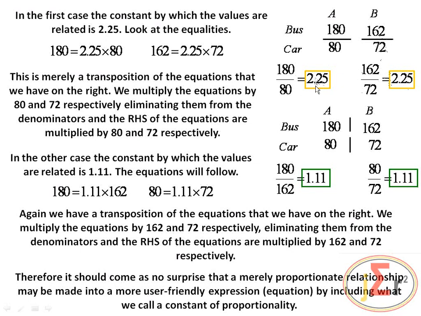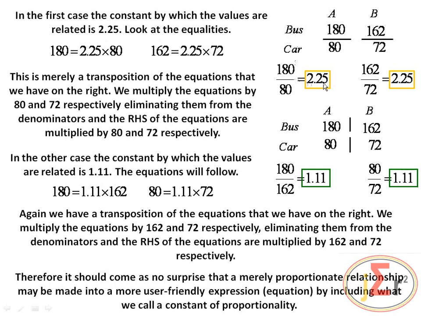So this 2.25 is a characteristic of the situation that we have right there, to the extent that for any set of values that we will use for the times of the bus and the car, we will always get 2.25.